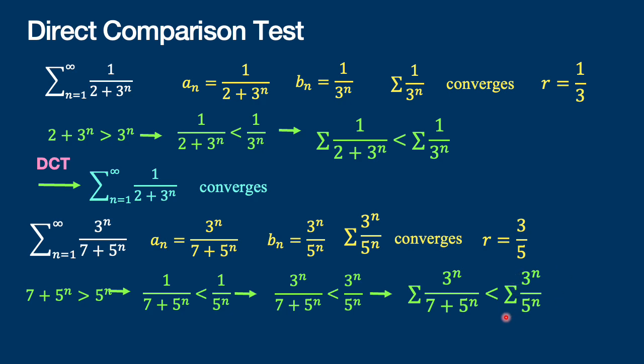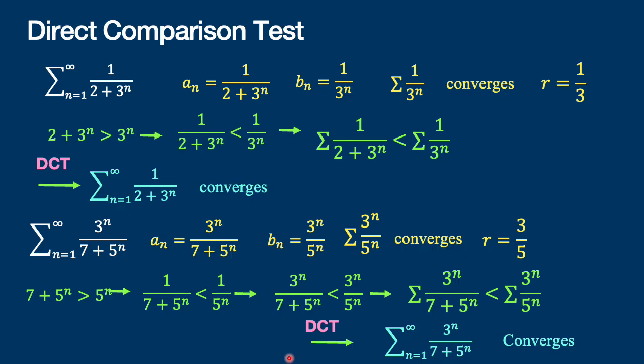So we already know this series converges because the ratio is 3 over 5, which is between 1 and negative 1. So we say the series 3^n over 7 plus 5^n converges.